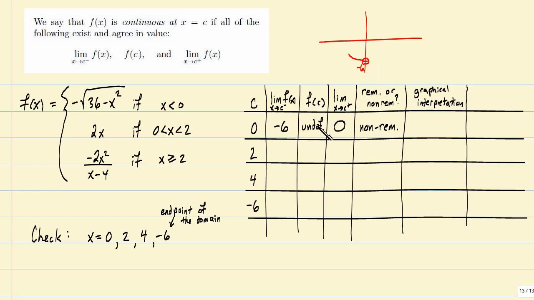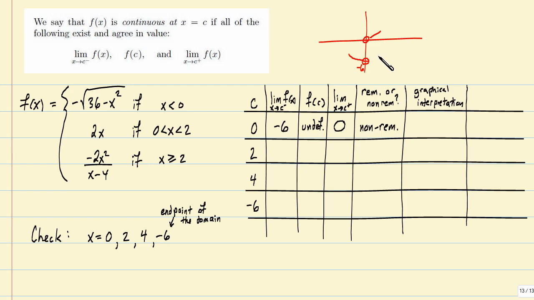And in fact, looking at the next piece of information, we know that there is no point on our graph associated with x equals 0. It is undefined there. Moving to the right here, coming in from the right, it appears we need to be getting arbitrarily close to a height of 0. So let's draw a point at height 0 there, and we're coming in from that direction. Maybe we come in from above, maybe we come in from below, and the same thing here. Maybe we're coming down to it, maybe we're coming up to it.